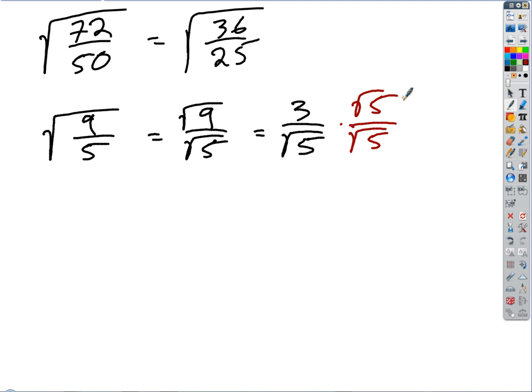If I multiply the top and the bottom by the square root of 5, what am I going to get on the bottom? Now think about this. What's the square root of 5 times the square root of 5? 5. Because if I multiply something by itself, isn't that the same thing as squaring it? So think what that means. If I'm going to take the square root of 5 squared on the bottom, what do square roots and squares do to each other? They cancel.